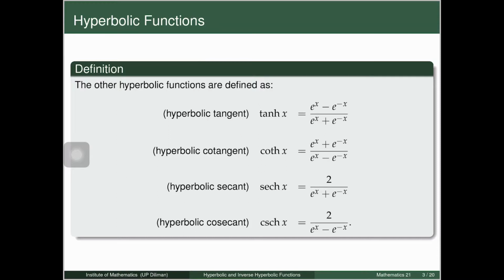Yung coth x, kamukha niya si tanh, pero pinagbaliktad lang natin yung numerator at denominator. Sech x natin, ito familiar din dapat siya, ano? So 2 over e to the x plus e to the minus x. Ang csch x ay 2 over e to the x minus e to the minus x.